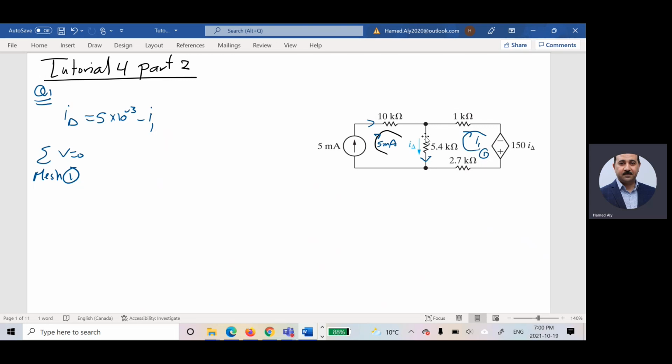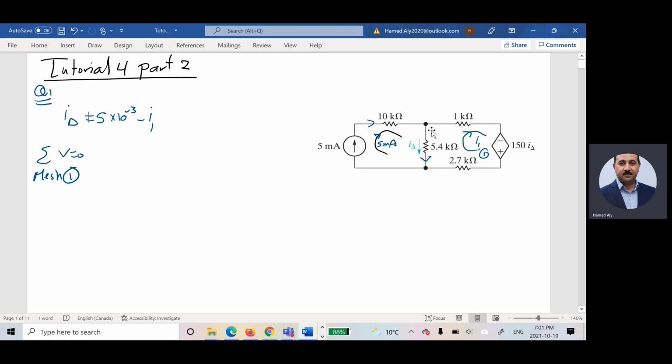Why am I saying that? Because if you try to look at this guy, if I assumed that the current in this guy is upward, I can say the upward current is equal to I1 minus 5. Right, guys?